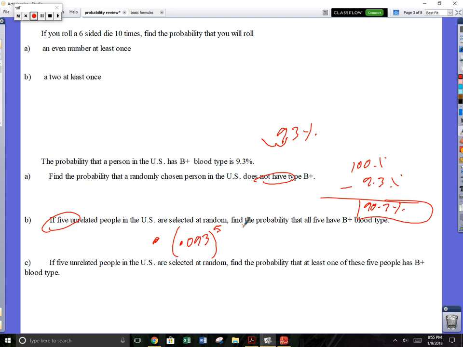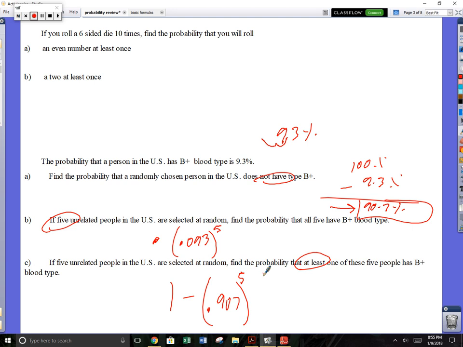Okay, if 5 unrelated people in the US are selected at random, find the chance that at least one of them has a B positive blood type. So for the at least, I'm going to find the chances that they do not. So I'm going to go 1 minus the chances that they do not. The chances that they do not are right here, 0.907, and I'm going to do that to the 5th.